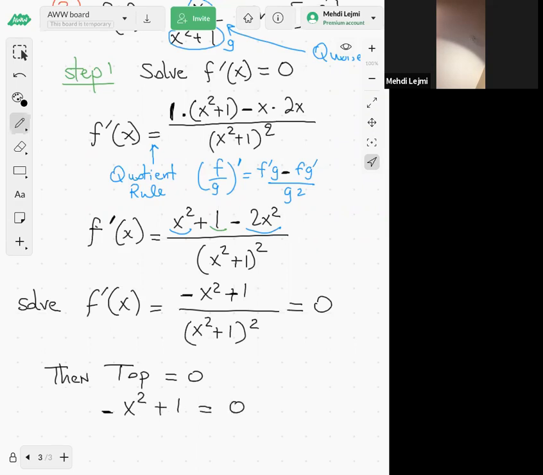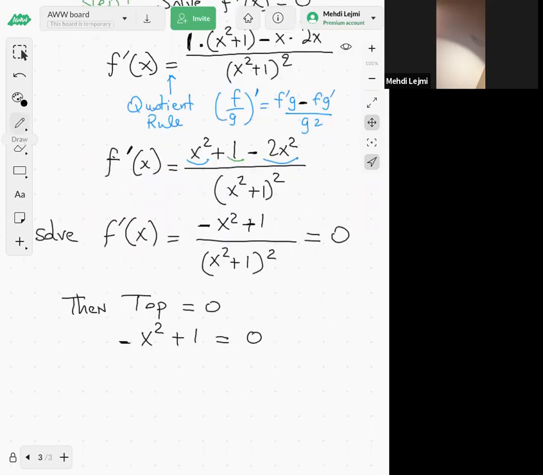So let's add plus x squared to both sides. What we are saying is that we have 1 equal to x squared. Apply the square root. Because the power is even, we need the plus or minus.